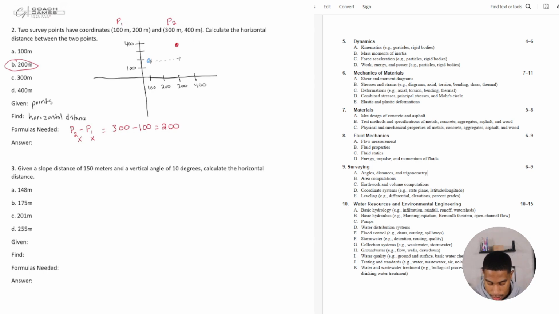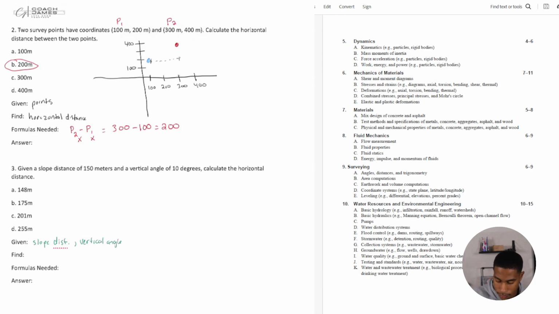All right, let's look at number 3. Given a slope distance of 150 meters and a vertical angle of 10 degrees, calculate the horizontal distance. So what are we given? Given the slope distance and a vertical angle.